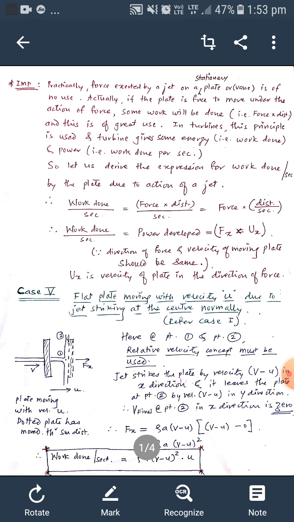For example, if there are two railway tracks, suppose, and two trains are moving in the same direction with the same speed, then as if we see from one train, the other train is stationary, not moving. That is, when two objects are moving in the same direction with the same velocity, we subtract one velocity from other.